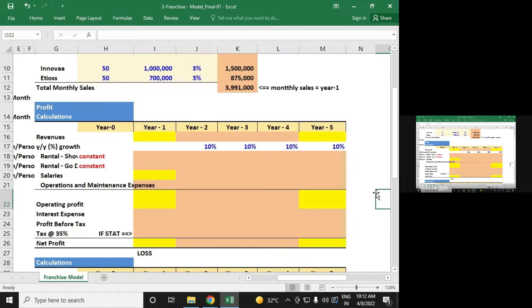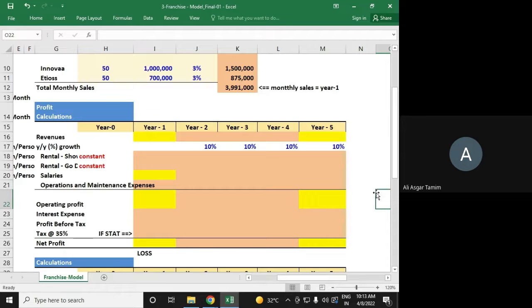Rent is expected to remain constant for all the years. Use dollar signs. Showroom is 2.2 crores and godown is 9 lakhs.